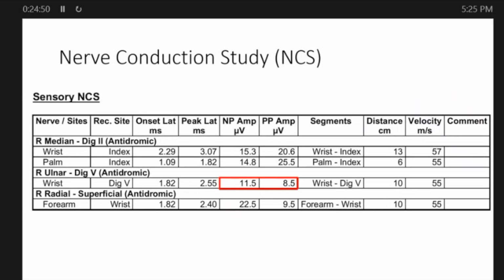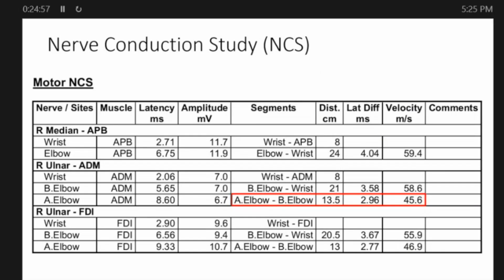Really, for nerve conduction, there are a lot of numbers listed, but I try to keep it simple. I look for conduction slowing across the elbow segment, and as shown here, there's significant slowing when recording above and below the elbow.